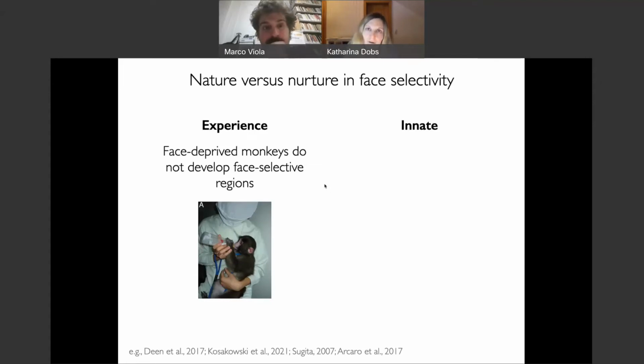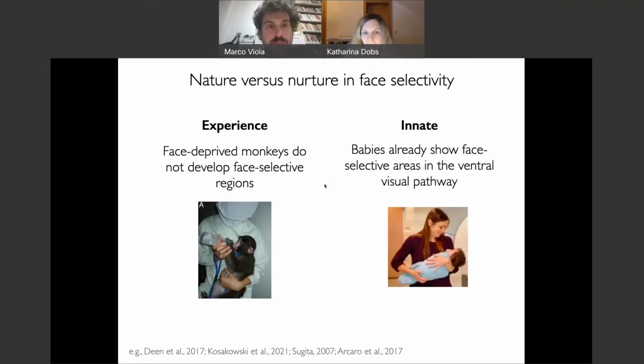So it's a strong argument for face experience seeming to be necessary for face selectivity to develop. On the innate side, there are many findings, one of them, for example, by Heather Kozakowski et al., who found using fMRI that even very young babies, a few months old, already show face selective areas in their ventral visual pathway, suggesting that either these things develop very quickly or they're already there when they're born.